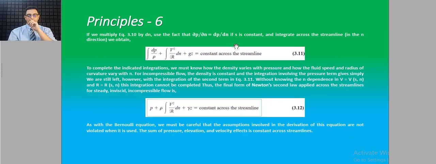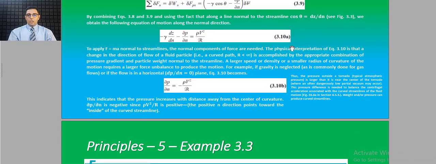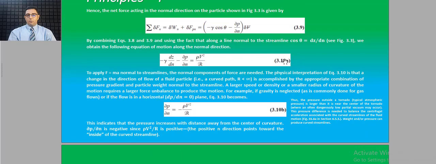This is the Bernoulli equation happening along the normal line, which is Equation 3.11, integrated from Equation 3.10a.